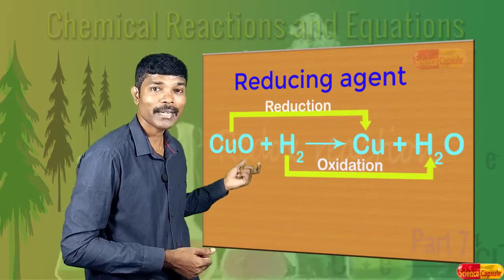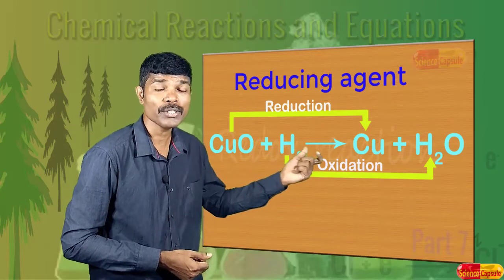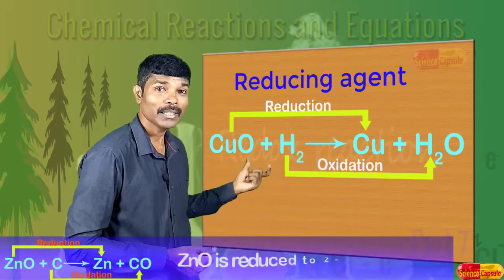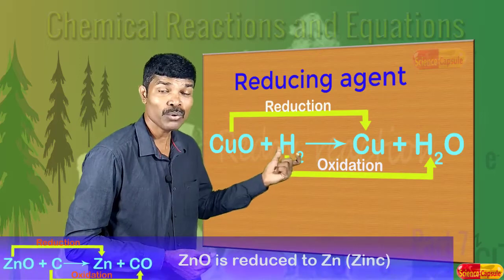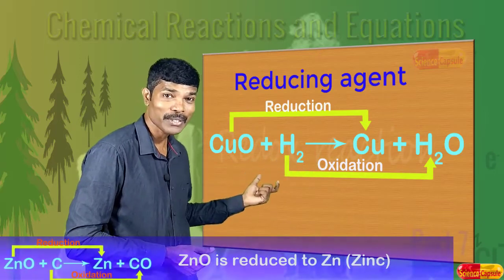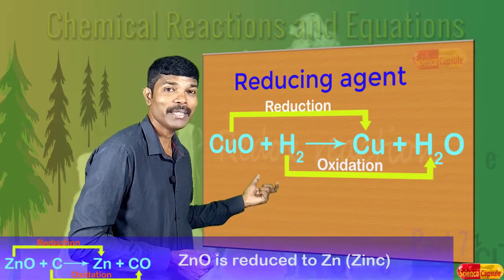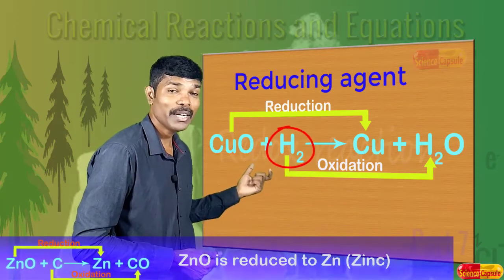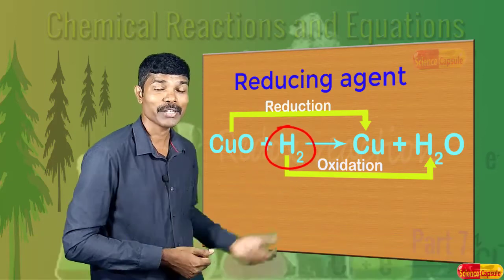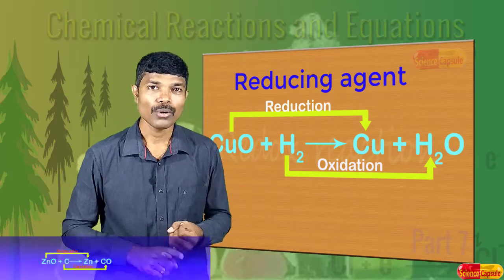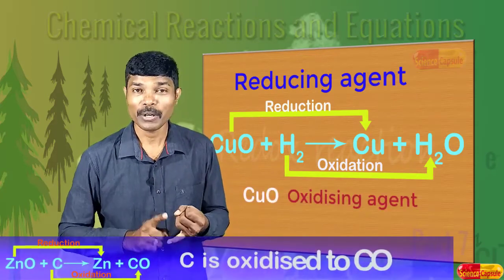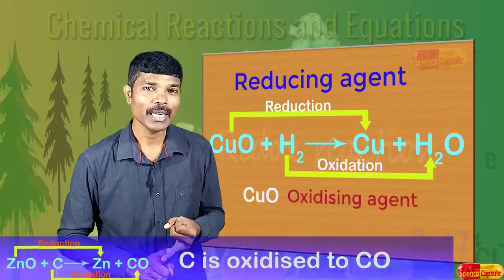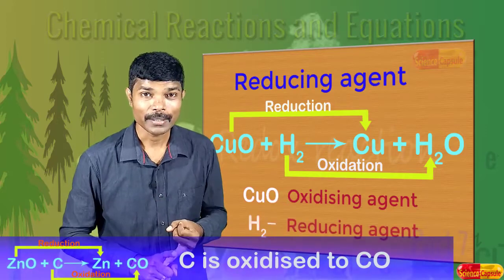So we can say that hydrogen is oxidized to water, and the substance which is losing electrons is said to be oxidized and usually is the reducing agent. So the reducing agent in this chemical reaction will be hydrogen. So the oxidizing agent will be copper oxide and the reducing agent will be hydrogen.